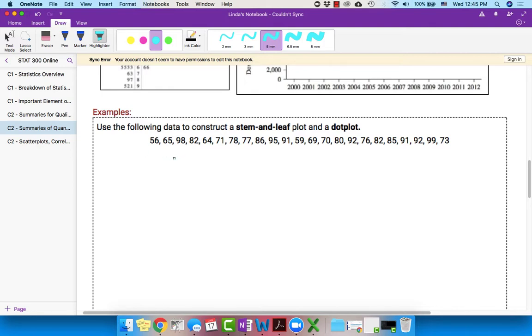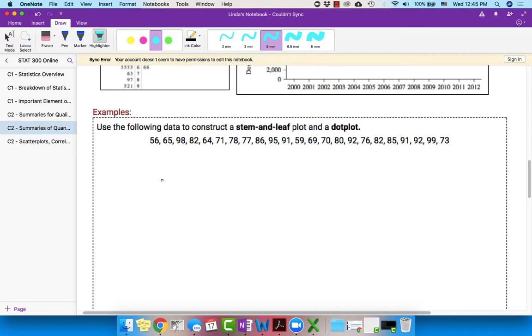First, let's try to organize it in a stem and leaf plot. For the stem, we need to determine the first digit of the numbers. Since these are 2 digits, you look at the first digit of the number for the stem. If it is 3 digits, you will look at the first 2 digits as the stem, and so on.